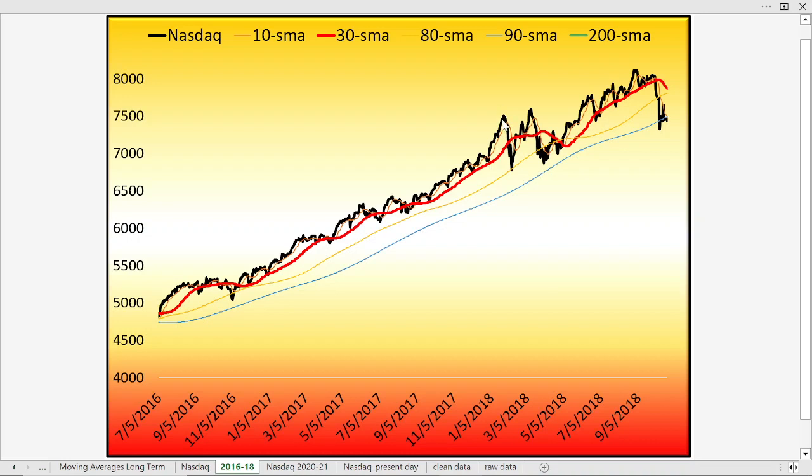Take a look at January 18, where the NASDAQ had rallied from a level around 6,500 up to, it looks like, almost 7,500, where the moving average was at 7,000. We were 500 points above the moving average. Maybe another rule that could be applied is to take profits when we really start to drift away from the moving average.